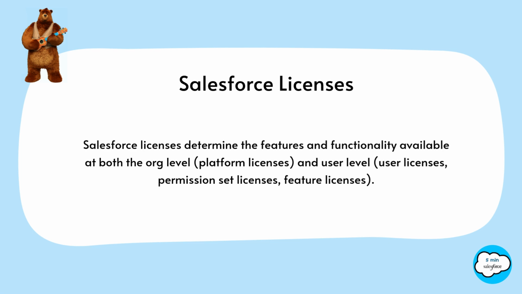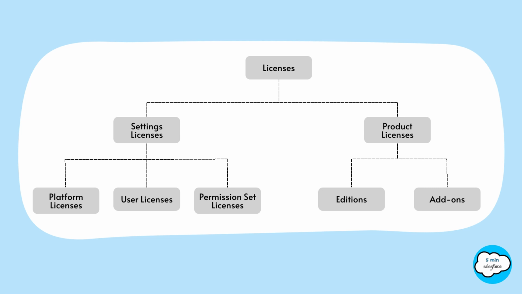In short, licenses define what accesses your org gets. So, we can categorize all kinds of licenses into two major types, which are settings licenses and product licenses.